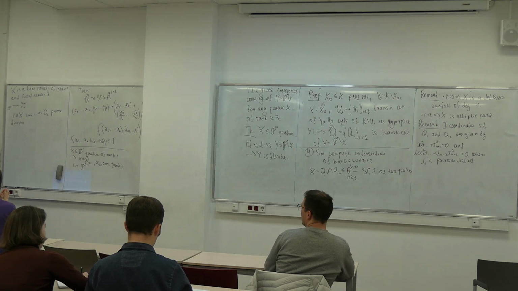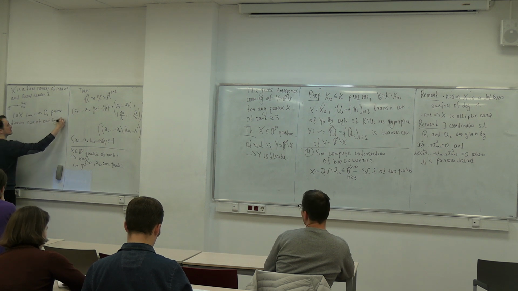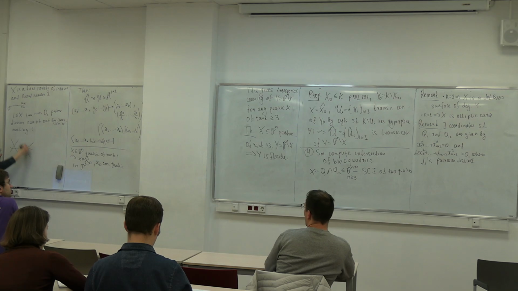Any affine cone, it doesn't matter, because it has Picard number 1. The prime divisor DL is swept out by lines in X meeting L. So you have a line L, and all the possible lines that intersect it. That is your DL.